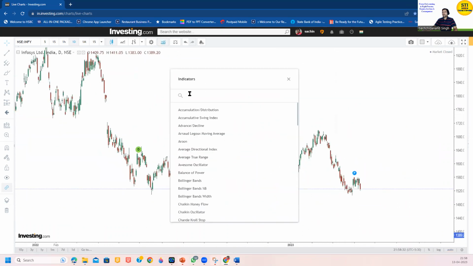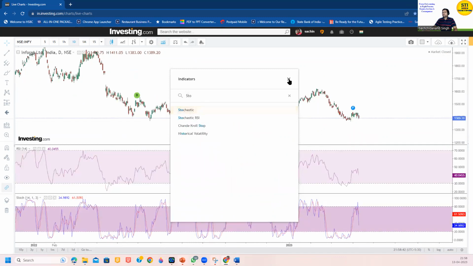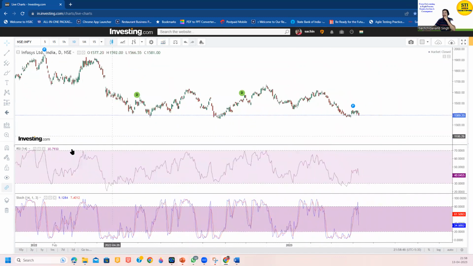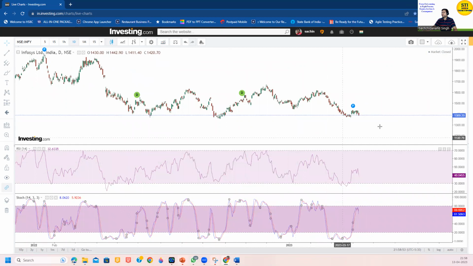Based on the learning so far, I will put RSI and then stochastic. I will make the stochastic smoother by putting smoothing 1:3. So this is what is happening.